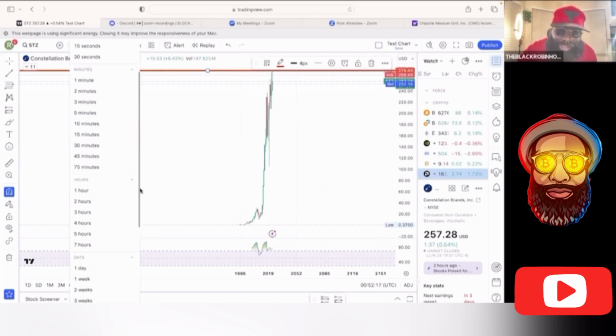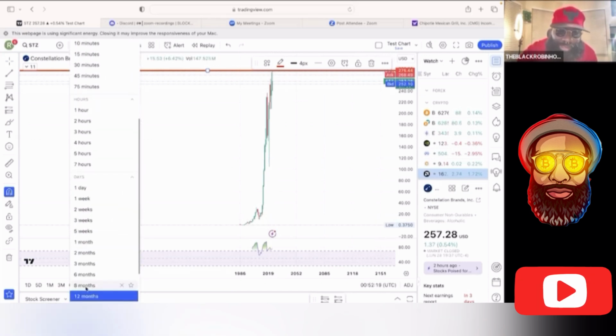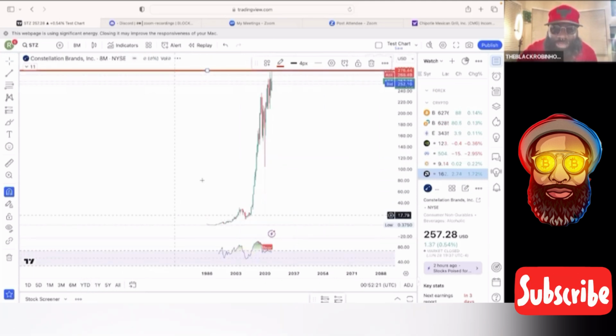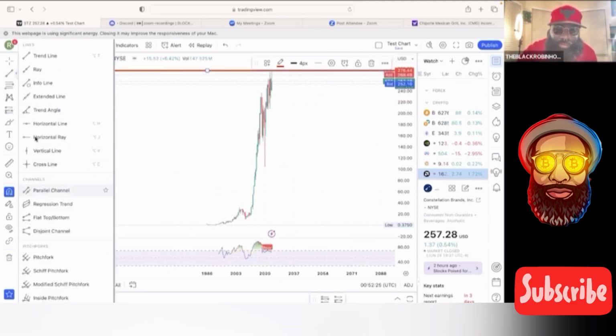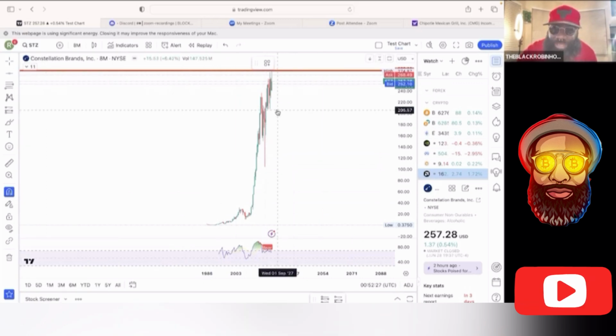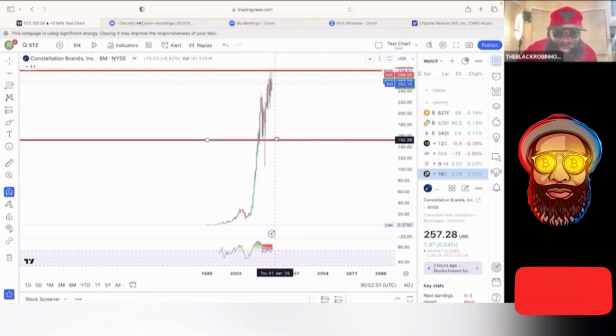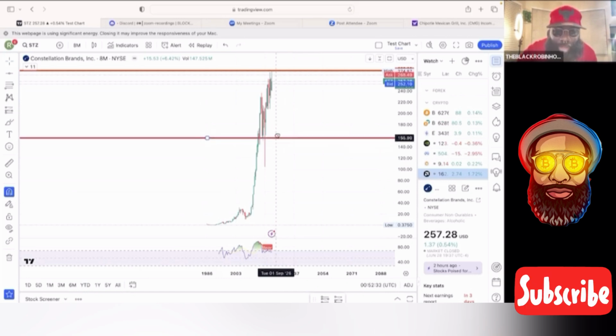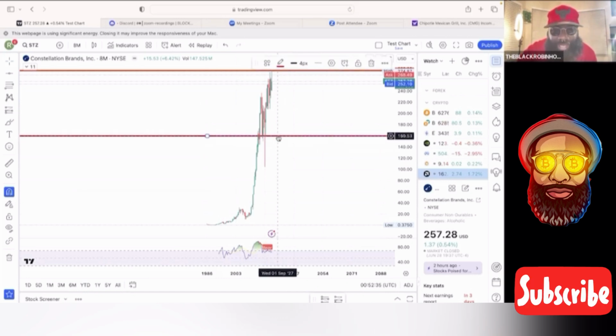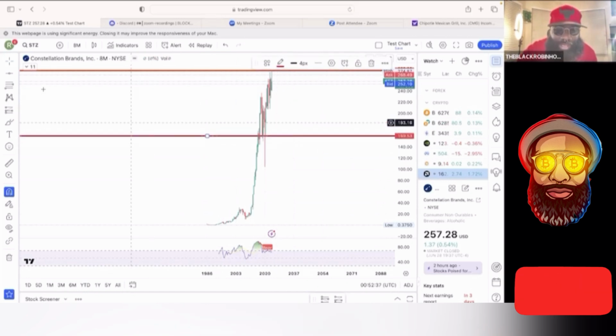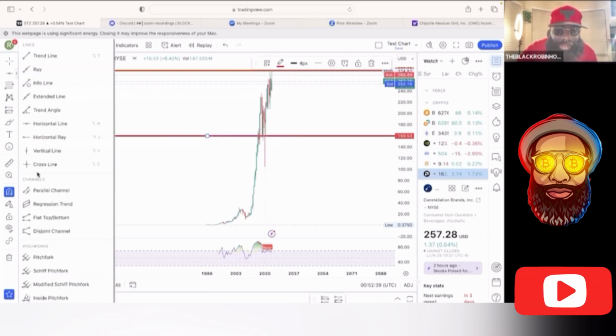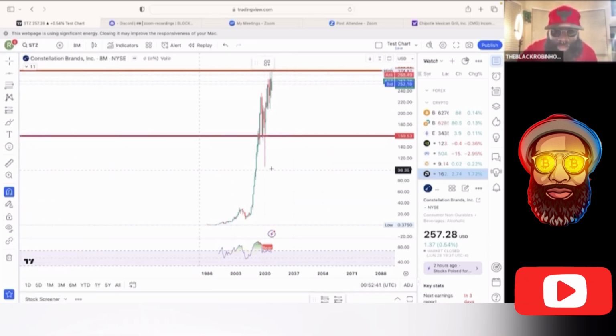We are trading short term. However, you can use the higher time frames to establish important levels in the market. Like right here is an important level in the market. And I'm still answering your question.